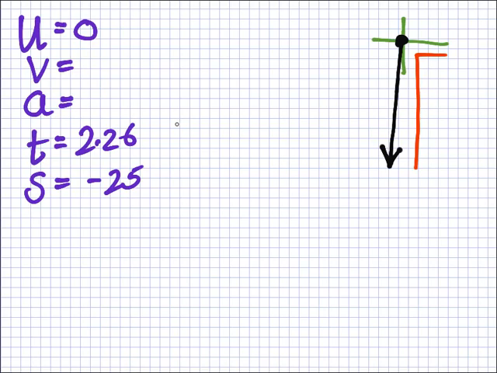How can I get the A? What formula? We don't know the V. Which formula? S equals UT plus a half AT squared.